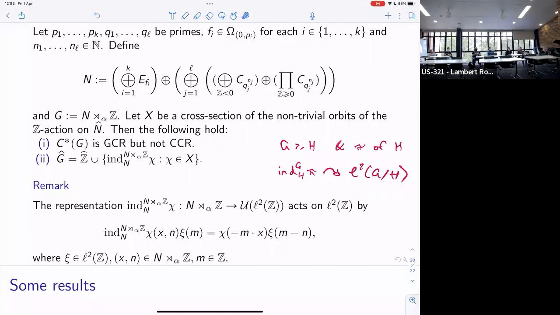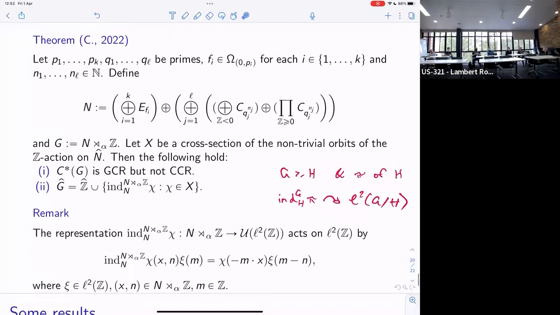So this is the action of the induced representations on L2(Z). And in particular, this result gives an uncountable class of these groups that are type 1, and for which we know their irreducible unitary representations.